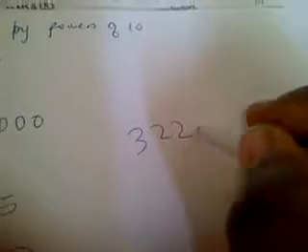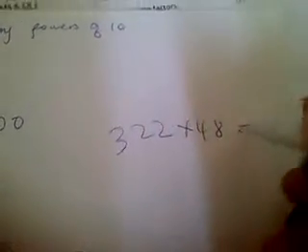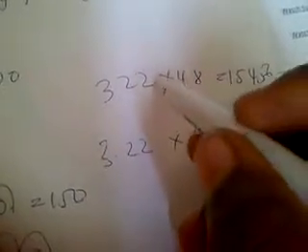Now that takes us back to our question. We're told that 322 times 48 will give us 15,456. Now we're asked to find the value of 3.22 times 4.8. In this one, they actually divided by 100.